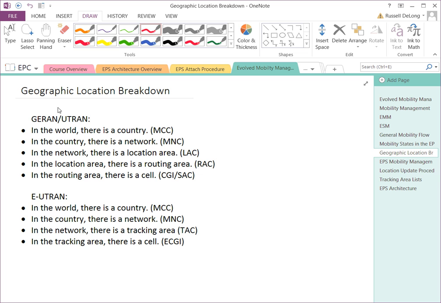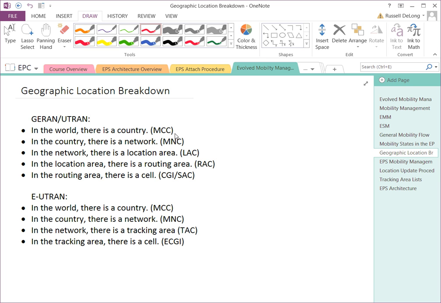So a device's location can be known at these different levels depending on what radio access technology they're using. For legacy networks, this is exactly the same for those familiar with GPRS or circuit switch core networks. Basically, it works out from top level down as the user is on Earth. Within the world, there is a country identified with a mobile country code that is a 3-digit identifier.